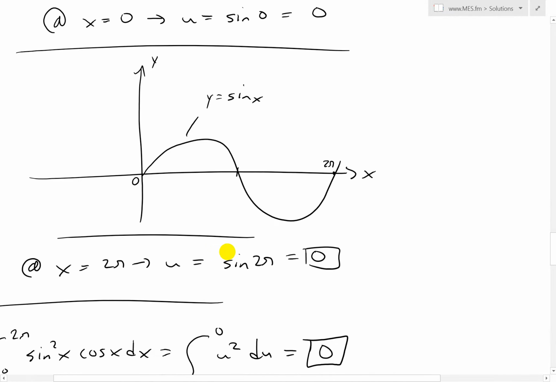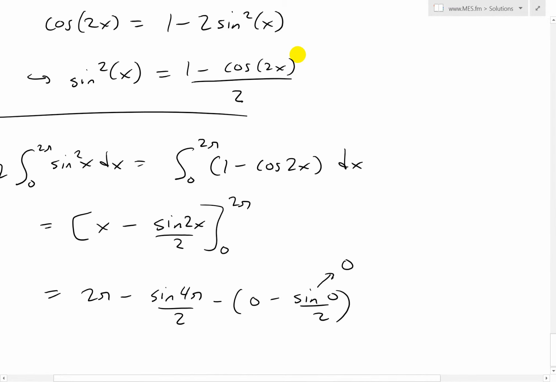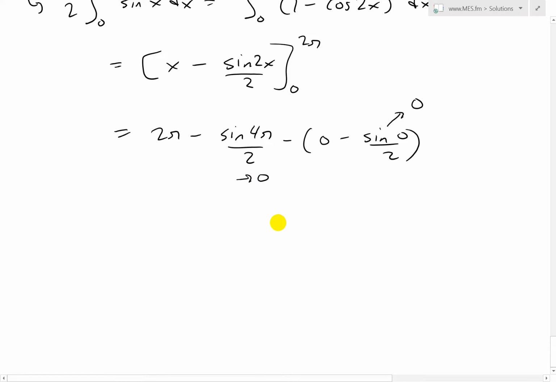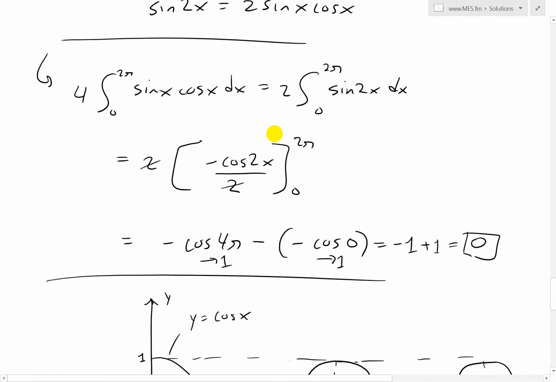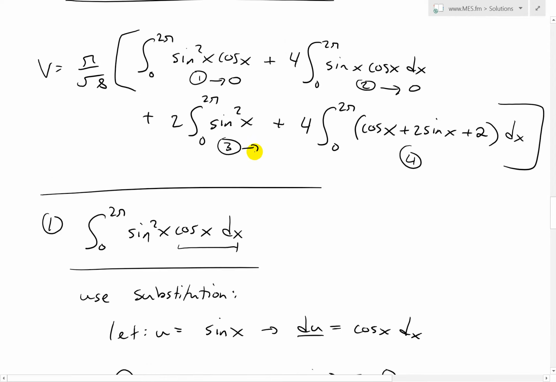It's periodic, it keeps going on, and it goes to 0 as well at this point, which is 4 pi. So it's just periodic about 2 pi. So that's also 0. So this goes to 0, and all we're left with is just 2 pi. So put this back up here. The overall integral, this third one, is equal to 2 pi.